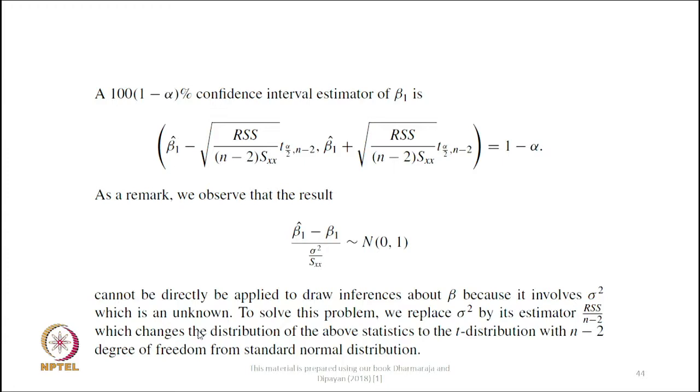To solve this problem, we replace sigma square by its estimator, residual sum of squares divided by n minus 2, which changes the distribution of the above statistic from the standard normal distribution to the t distribution with n minus 2 degrees of freedom. Even though this quantity is a standard normal, you have to replace sigma square by the corresponding statistic. Therefore, finally, we end up with the t distribution instead of the standard normal distribution.